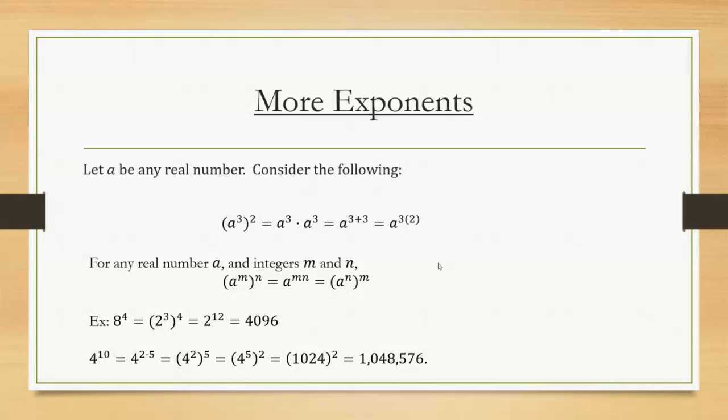So again, 8 we know is 2 cubed, right? So 8 is 2 cubed. Using the rule here, 2 cubed to the 4th is 2 raised to the 3 times 4, which is 12. So we get this.